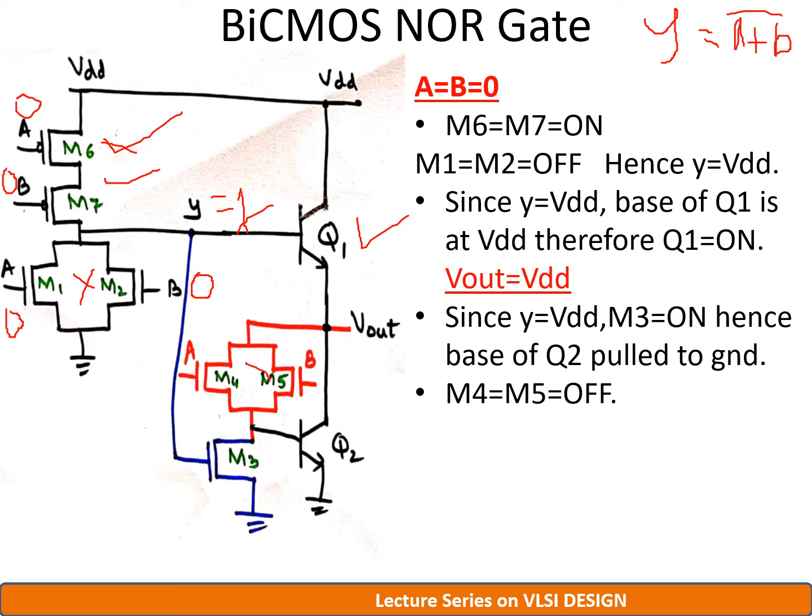A is 0, B is 0, so both M4 and M5 will be in off state. M3 will go into on state because its gate is connected to Y, whose value is logic 1. Since M3 is on, base of Q2 will discharge to 0. And since Q1 is on, Vout node will charge to VDD. So for NOR gate, when A is 0, B is 0, the output will be VDD.